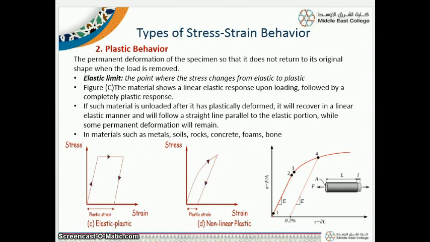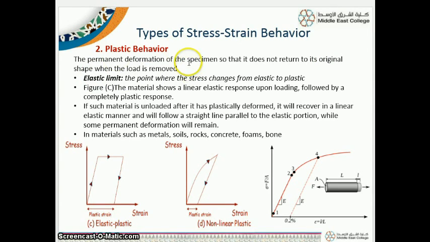Next one is plastic behavior. The permanent deformation of the specimen so that it does not return to its original shape when the load is removed. So plastic behavior means the material has a permanent deformation and does not return to its original shape; there will be some difference from the original shape to the deformed shape.